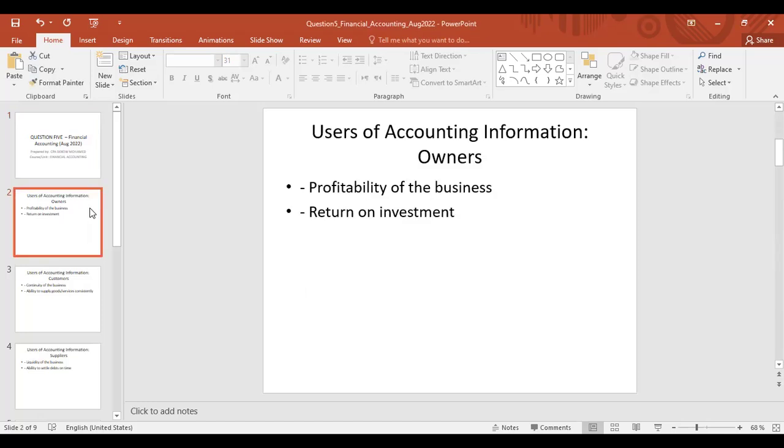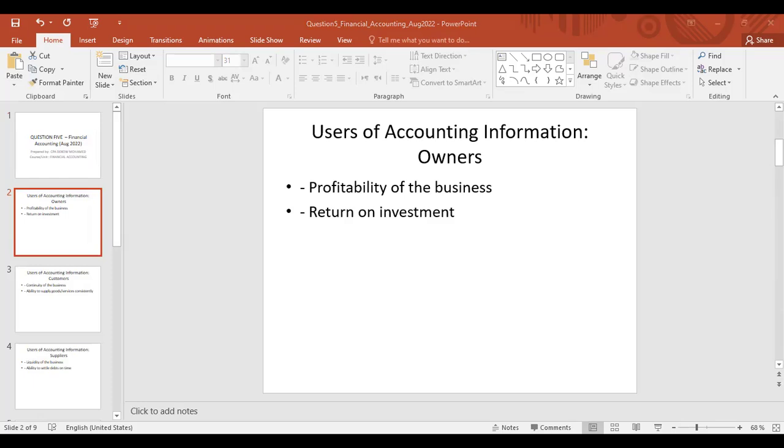So let us begin with the first one, the users of the accounting information. We start with the owners. Owners may require information from the financial statements because they want to know the profitability of the business. Financial statements communicate whether the business is making a profit or not by checking the net profit.